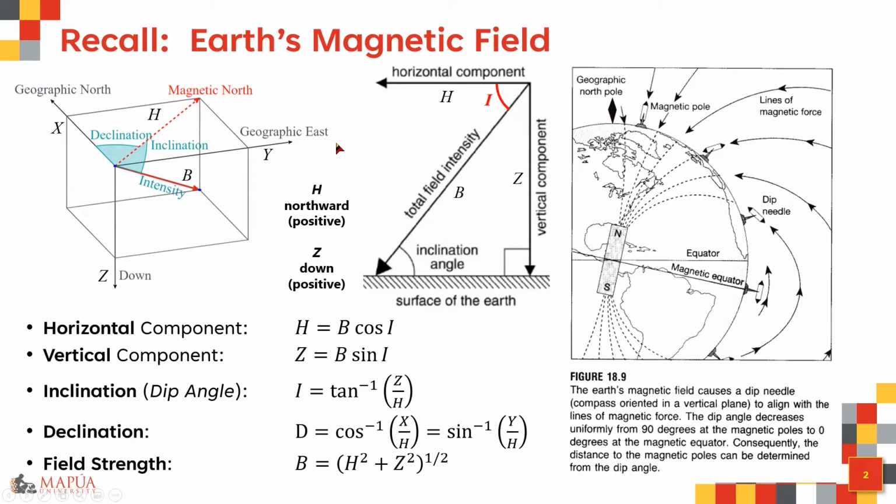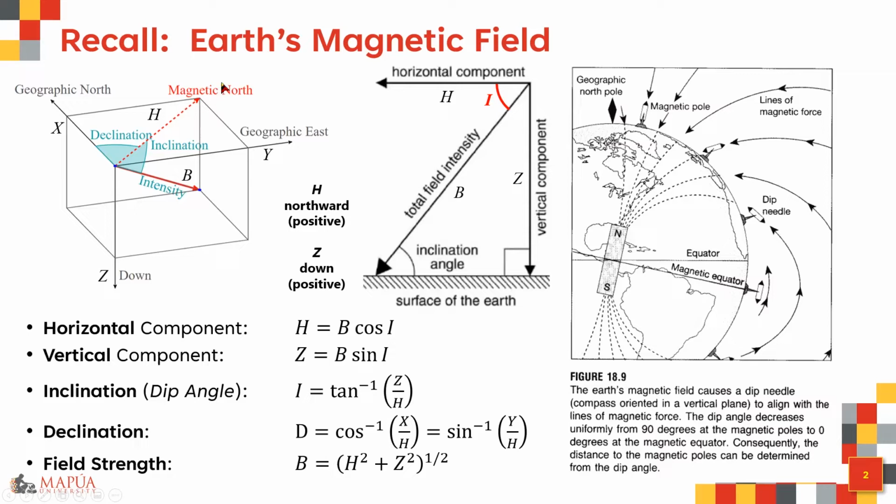The X and Y components, or the horizontal components, point towards the geographic north and the geographic east. And then the magnetic field line will generally point along the direction where your magnetic north is situated.